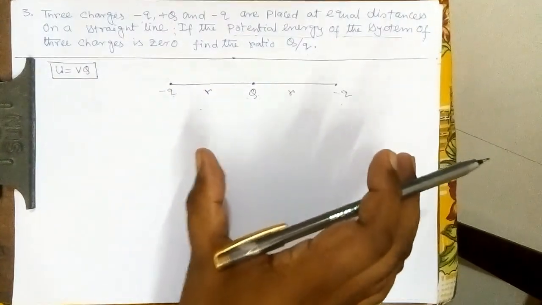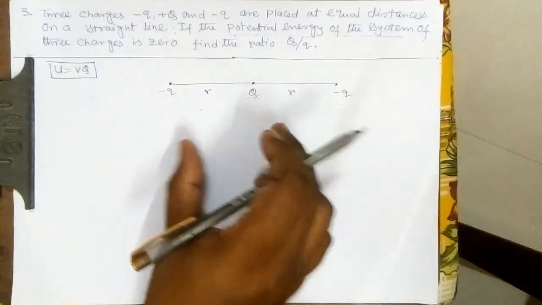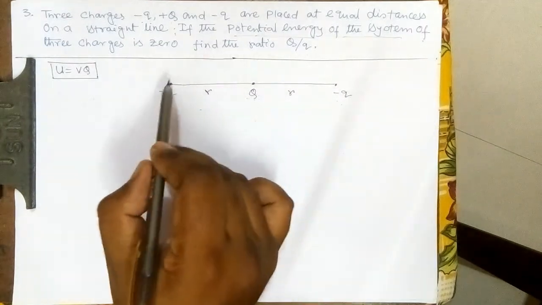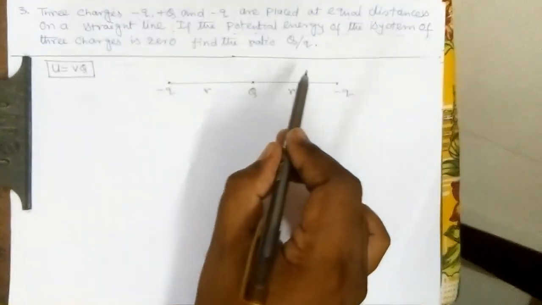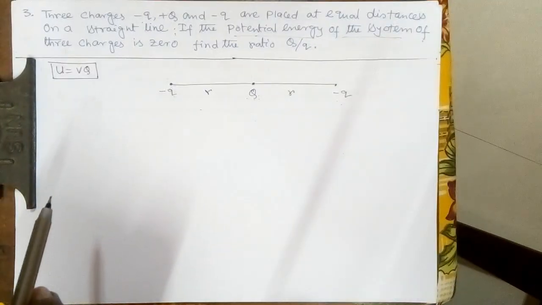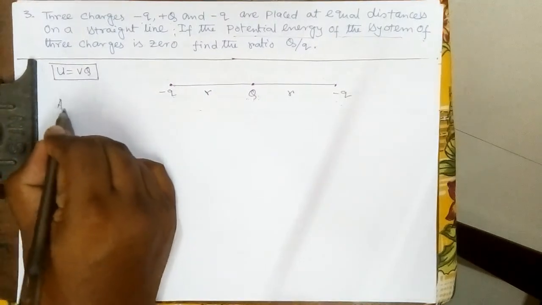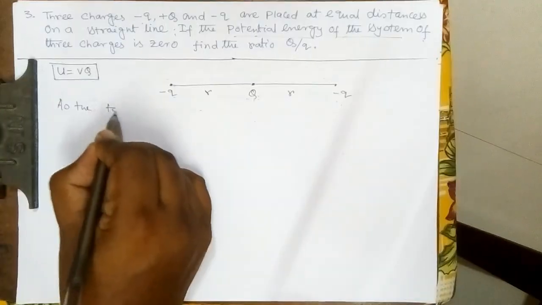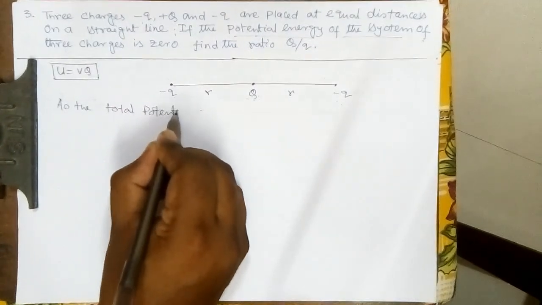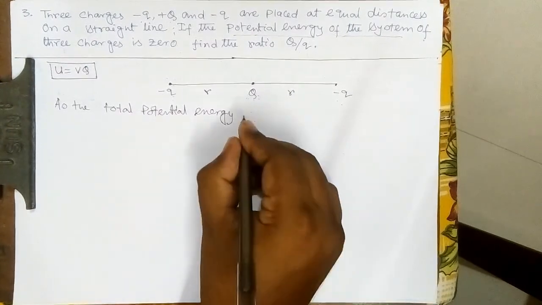So for the three pairs, minus q and plus Q, there will be a potential energy, plus Q and minus q, there should be a potential energy, and minus q and minus q, there should also be a potential energy. Okay, so first you have to write that the total potential energy is zero.